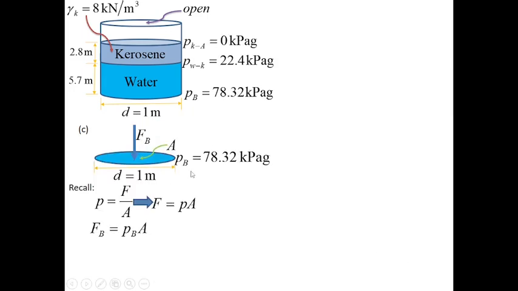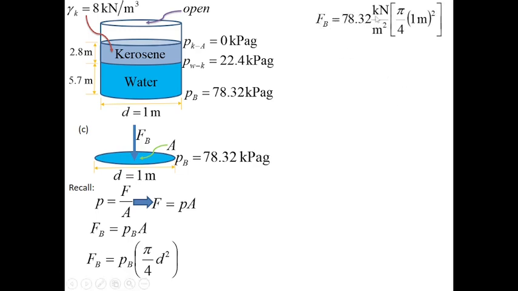So we have this formula, F_B equals P_B A. We know that the area of a circle is pi over 4 d squared.